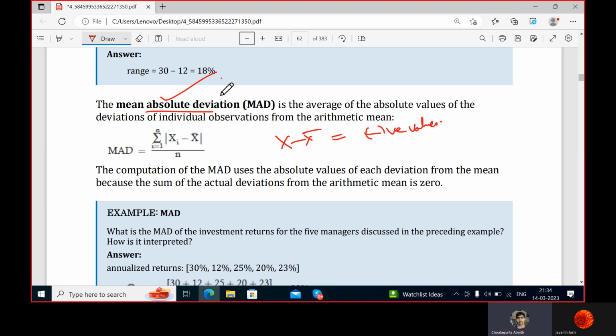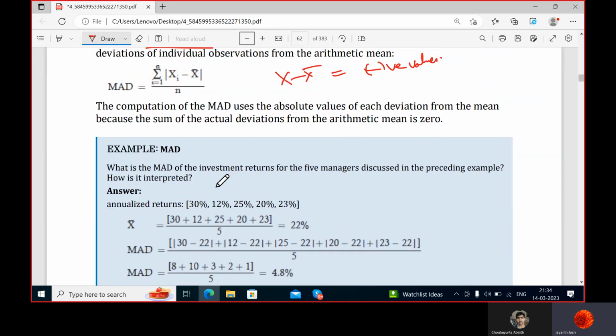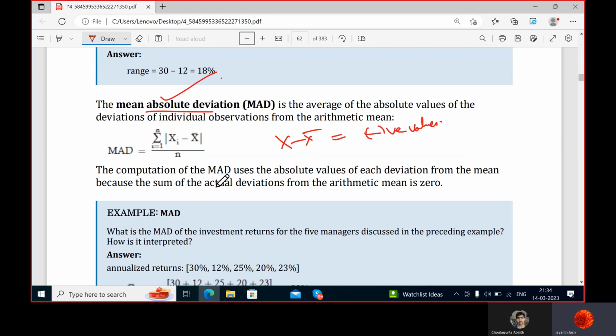I don't find this much in usage, but still we have to study it. Mean absolute deviation is the average of absolute values of deviations of individual observations from the arithmetic mean. So you're only taking the absolute values of deviation, not the exact values.